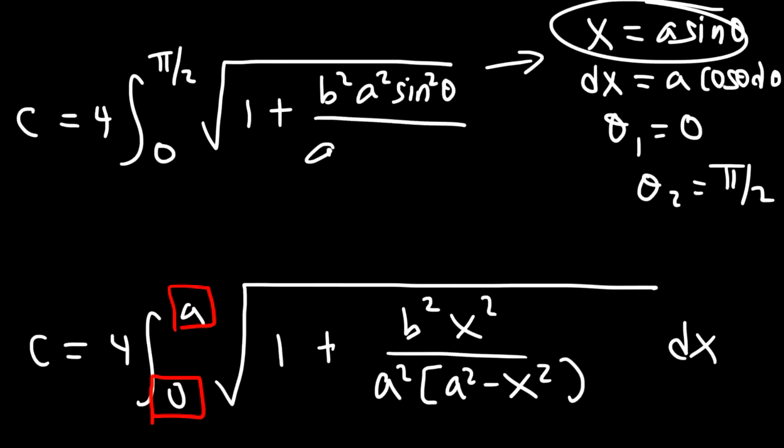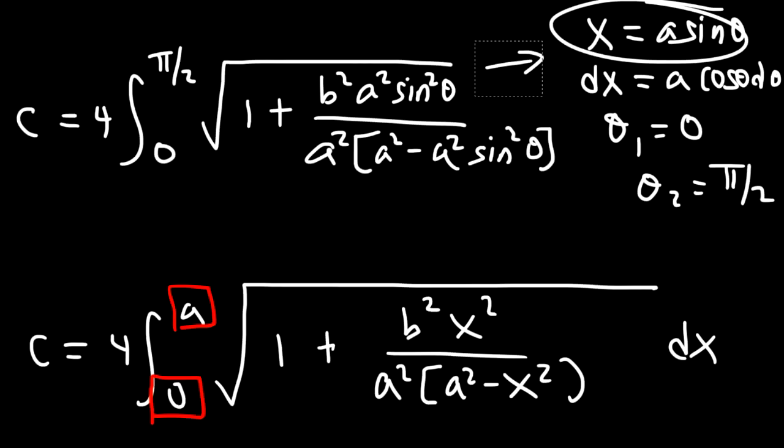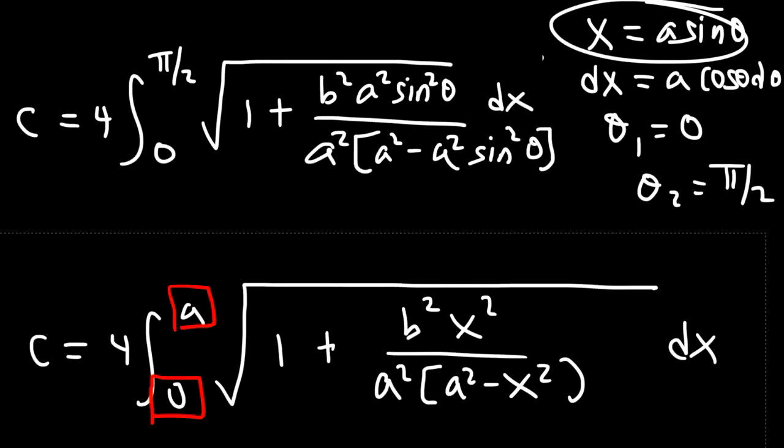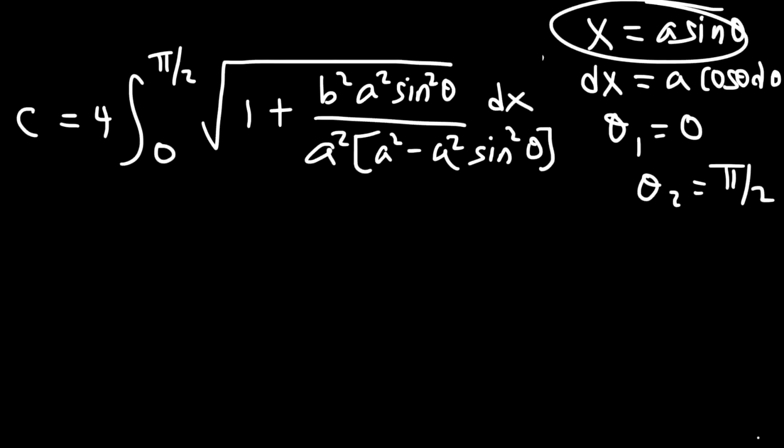And then it's divided by a squared times a squared minus a squared sine squared theta again. And then times dx, which I'm going to replace in the next step since I'm running out of space. So at this point, we can cancel a squared. And we could also factor out a squared in the bottom.